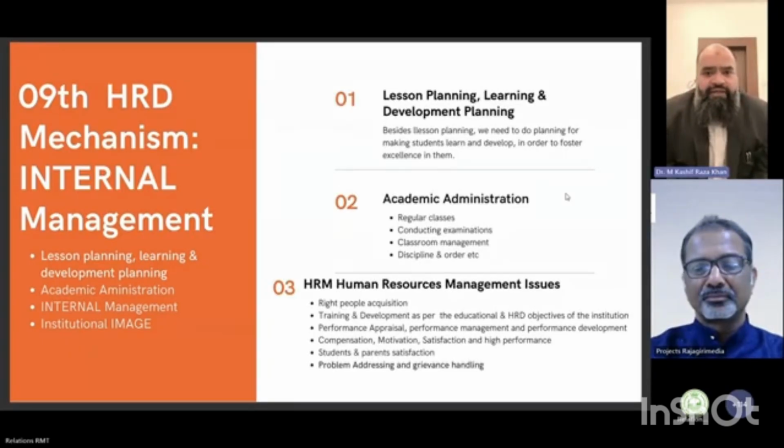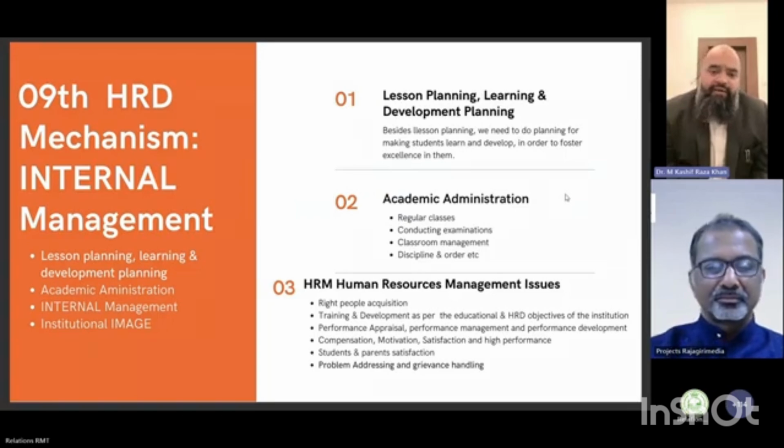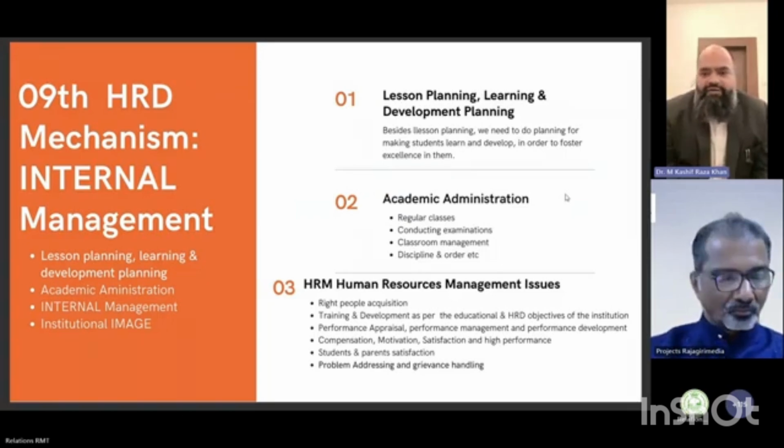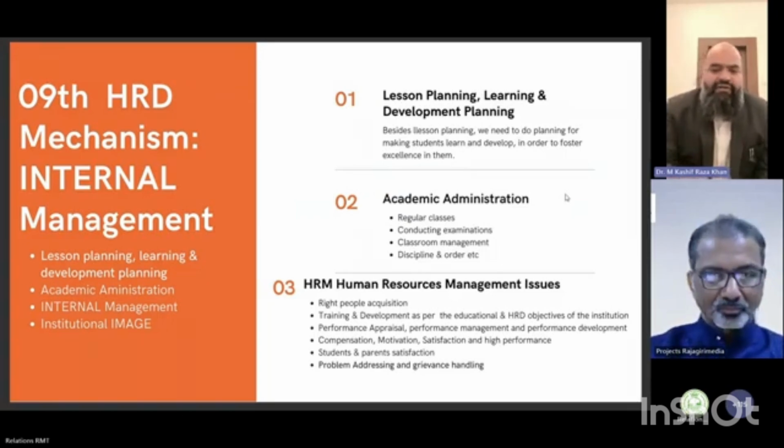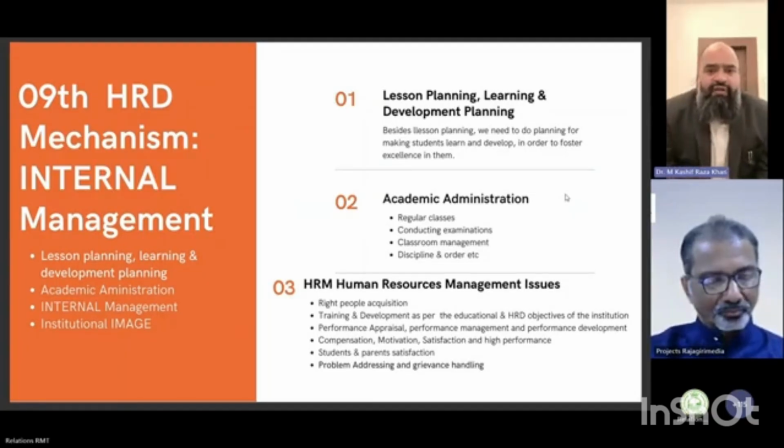And lastly, regarding HRM issues, there is grievance handling. If there is any problem, it needs to be redressed, and there needs to be a proper process and formal method of redressing and problem solving. Actually, what happens in this area?